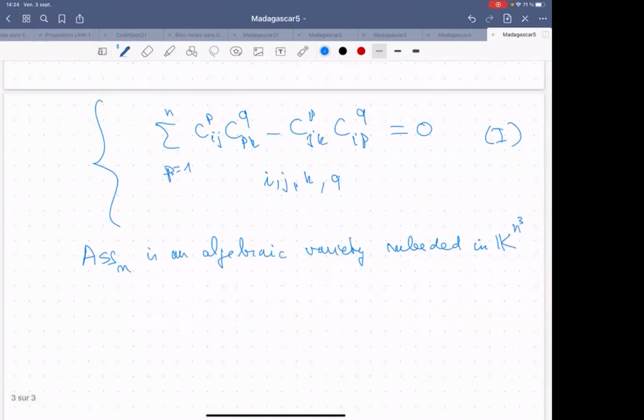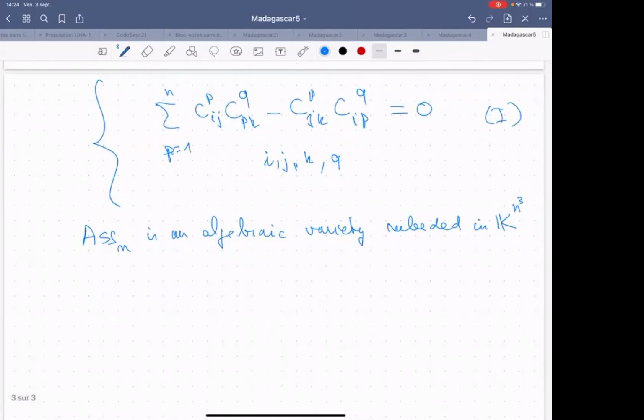And usually the problem we have when we discuss this algebraic variety is to consider its components. But first, of course, I have points in K^(n^3), and each point defines an algebra, but I could have two points that define the same or isomorphic algebras. That's why first I need to introduce a GL_n action on this.